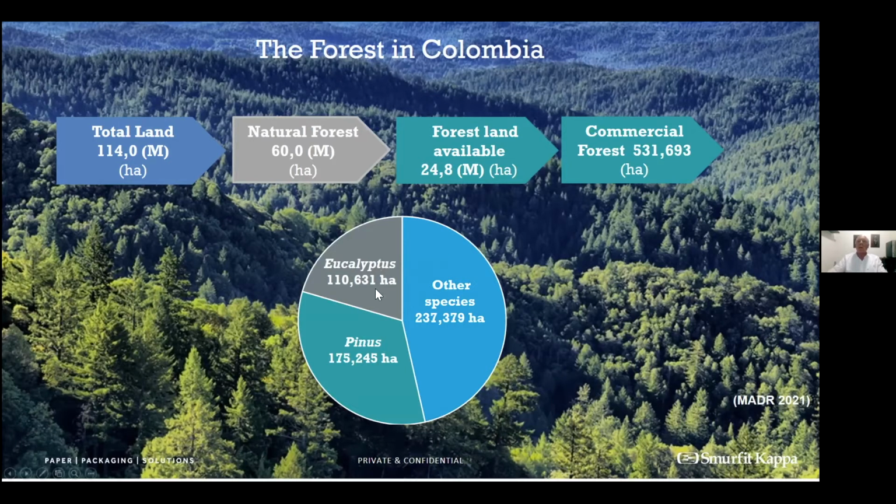For eucalyptus, we have 110.6 thousand hectares. For pinus, 175.2 thousand, and for other species, including native and non-native species, we have 237.3 thousand hectares.